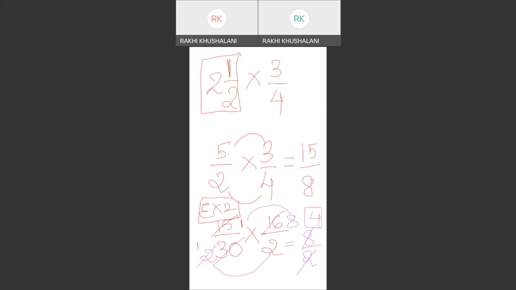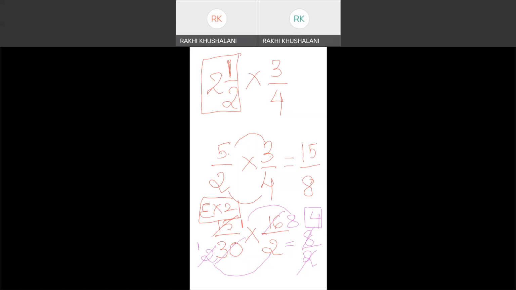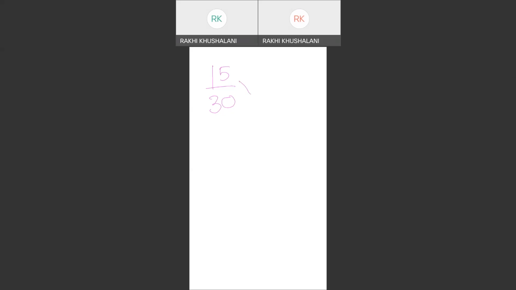See, I can do the multiplication. That is, this question could have been done, I'll do it on a new page, and show it in another way also to you. That is, the question was 15 by 30 and 16 by 2. Yes, numerator into numerator, denominator into denominator.